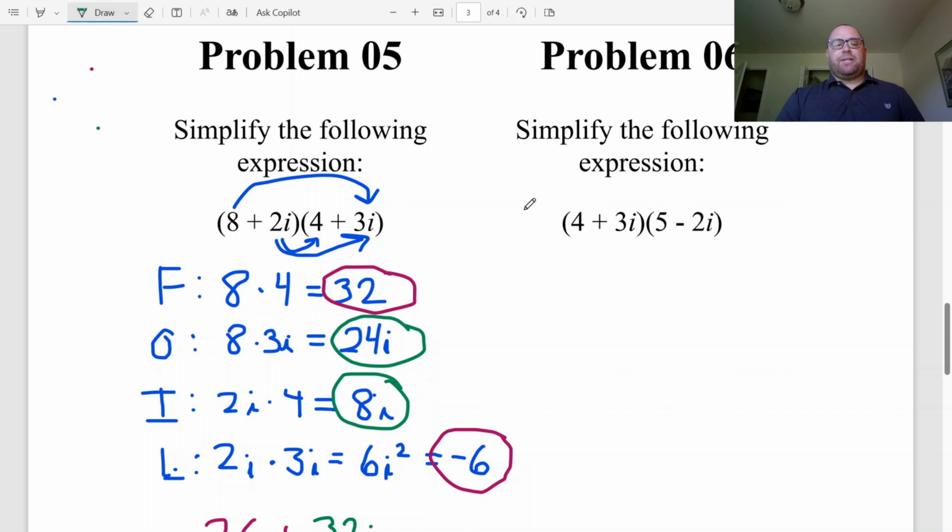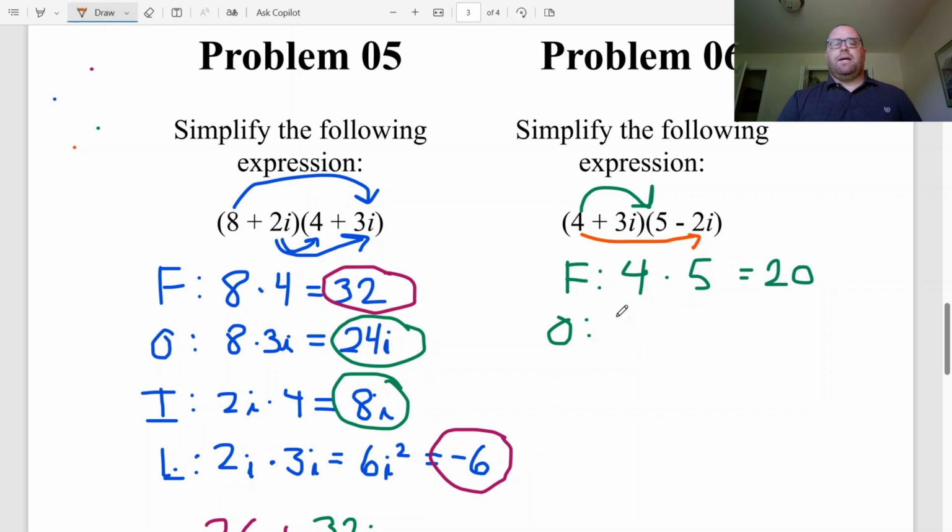All right, so let's look at this next one. I'm going to do FOIL again. So first terms, let's multiply together. 4 times 5. That's going to give me 20. Then we'll do the outer terms. Let's maybe try and color code this. So 4 times minus 2i.